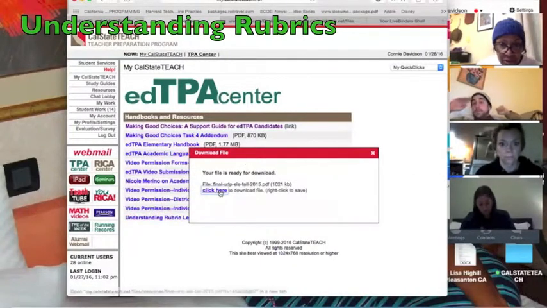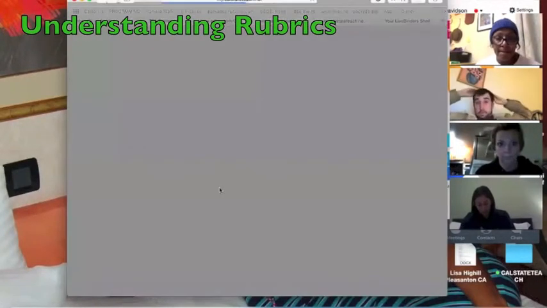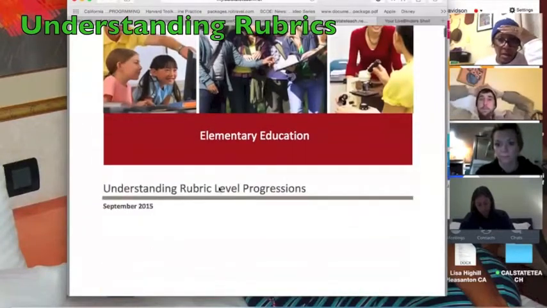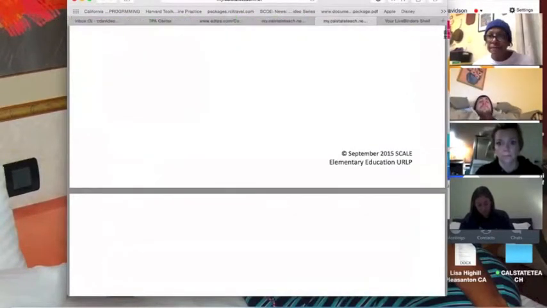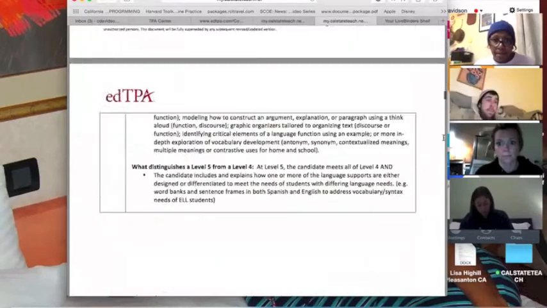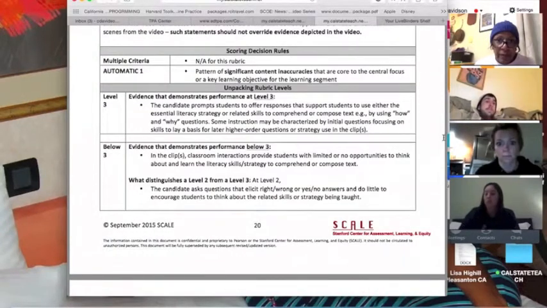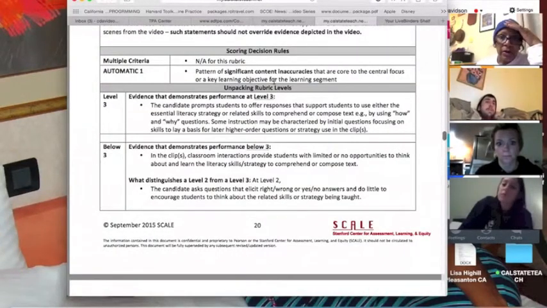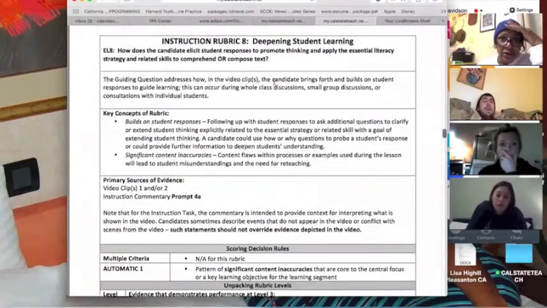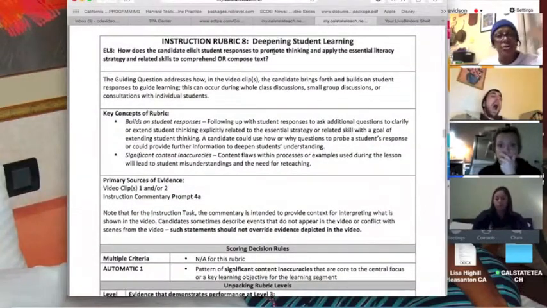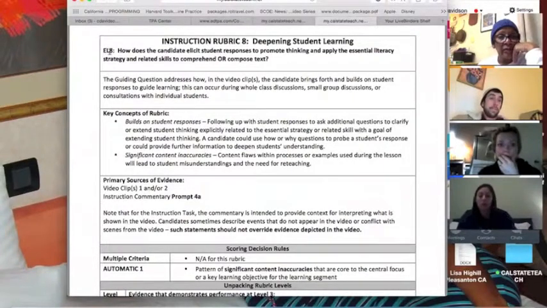Let me just see what this is. Elementary education. All right, so instruction, rubric A, deepening student learning. It tells you, this is the elementary 8, how did the candidate elicit student response? Guided questions.